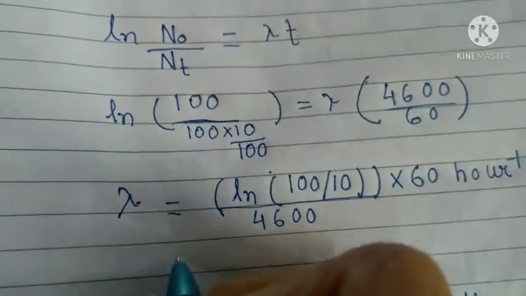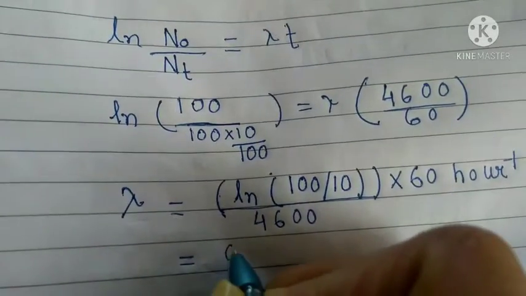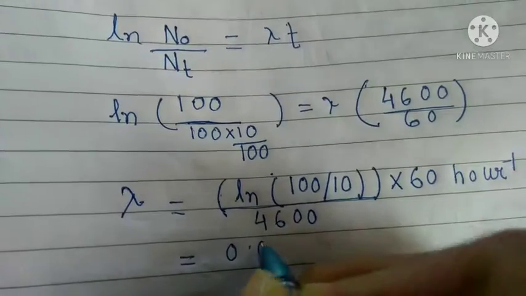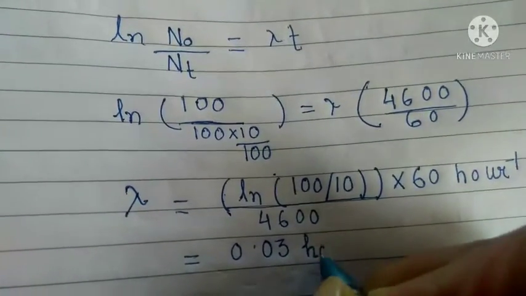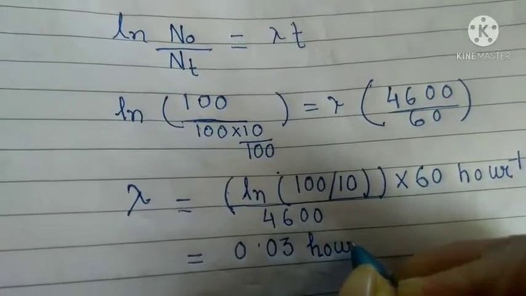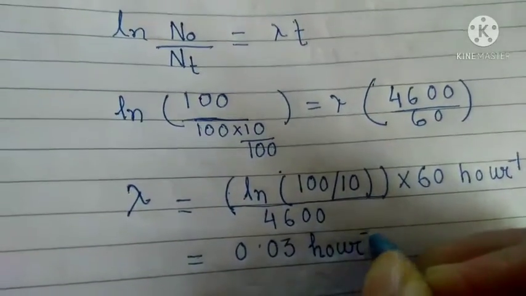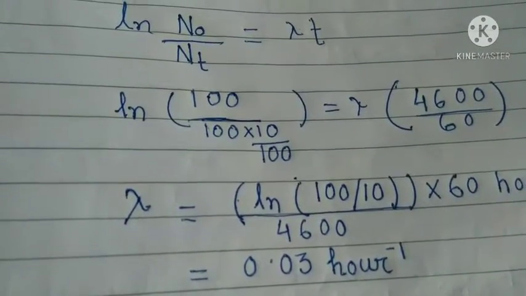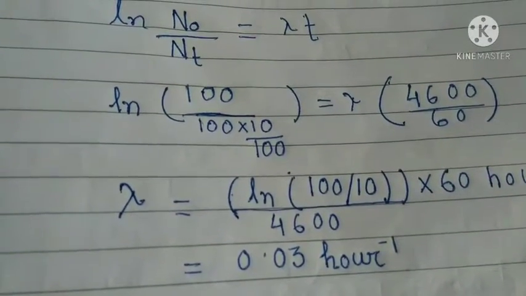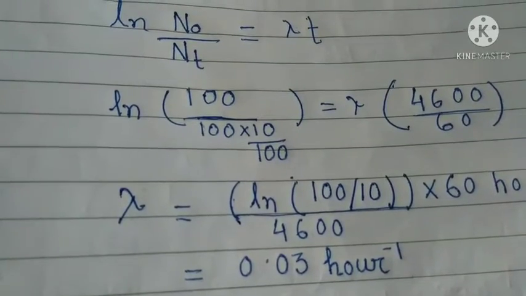So it will be around 0.03 hour inverse. Okay, so the rate constant of this reaction will be 0.03 hour inverse.